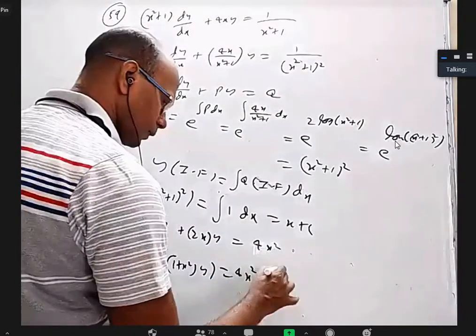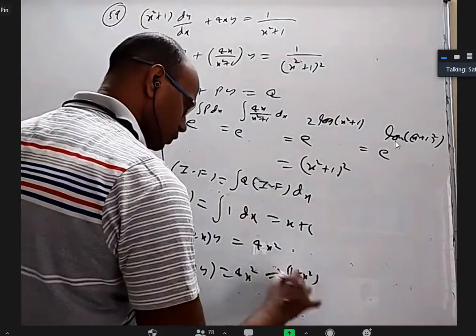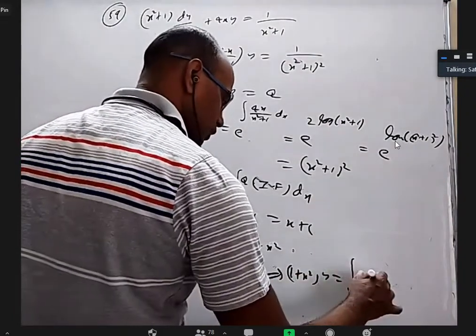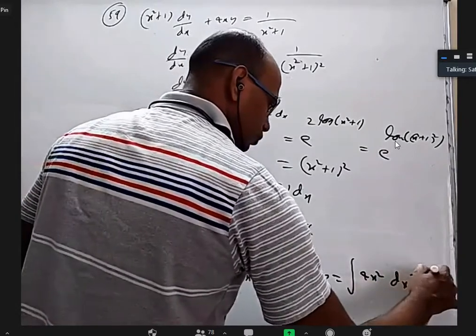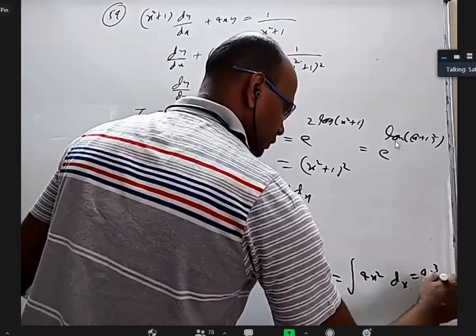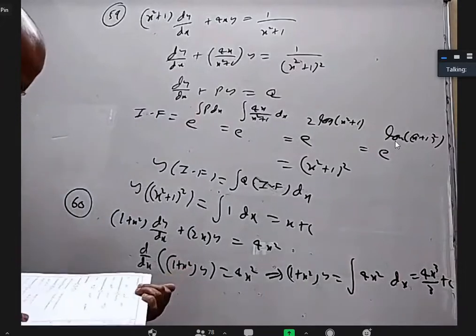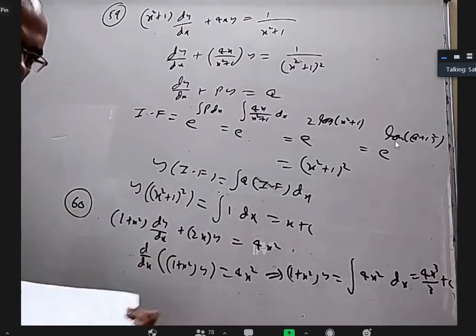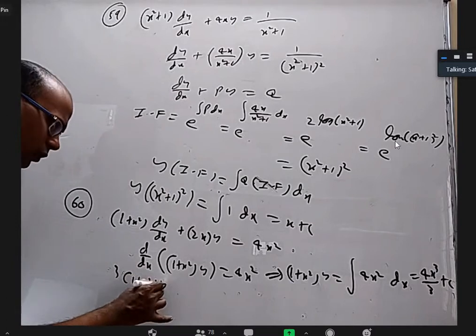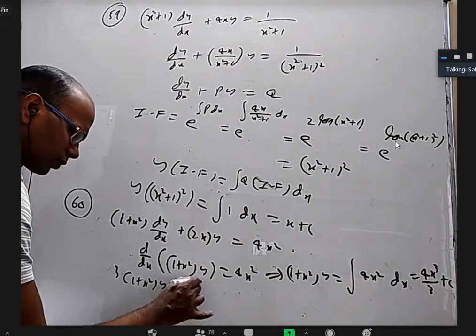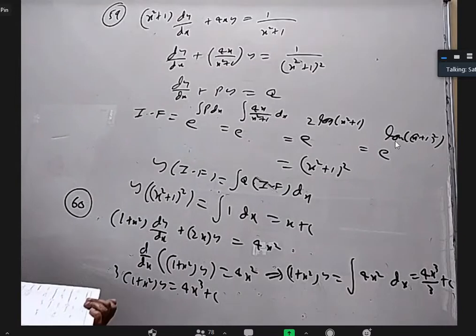So you will get (1 plus x square) into y equals integral 4x square dx, which is 4x cubed by 3 plus c. You can bring the 3 here. We'll get 3 into (1 plus x square) into y equals 4x cubed plus 3c, or just c.